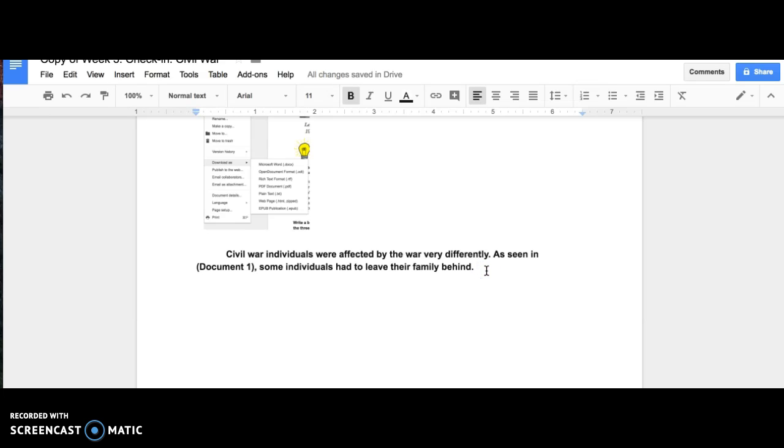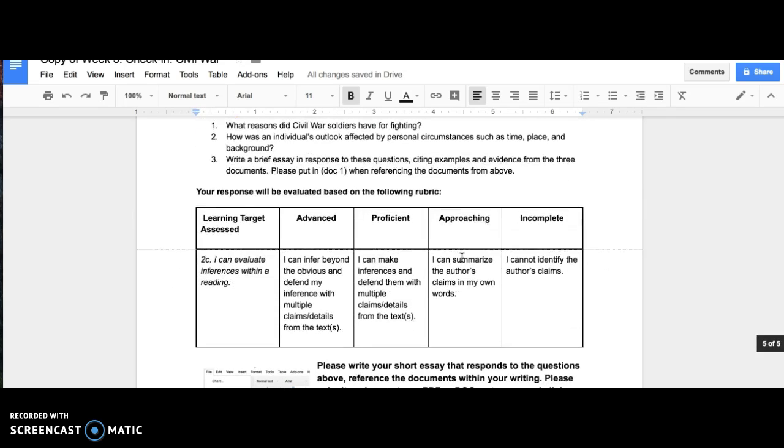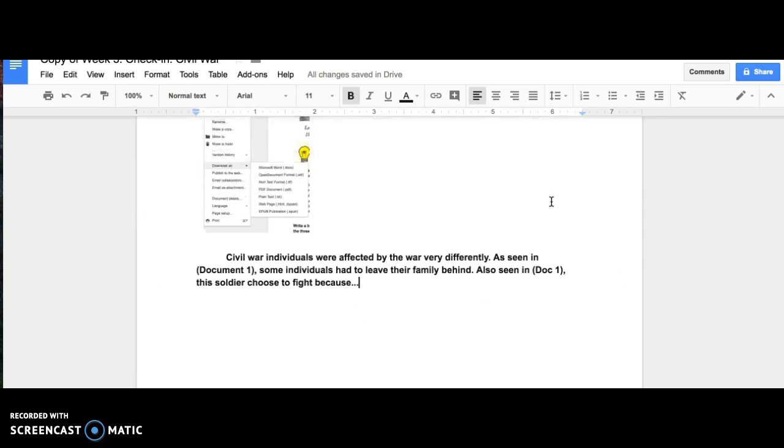Then I would continue by saying, also seen in Doc 1, this soldier chose to fight because... And then I would go to question 2, his background. I said a little bit about his family, but then I would give the background about why each individual in Doc 1 chose to fight.